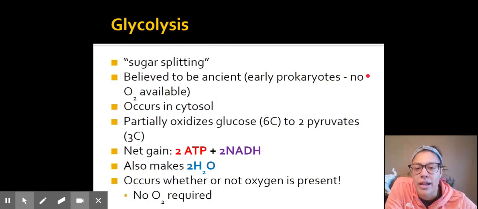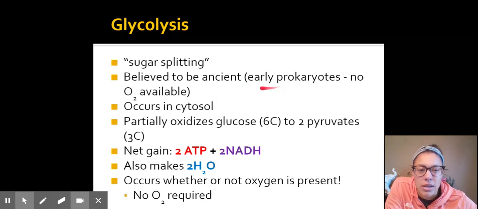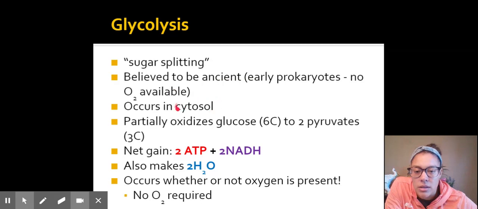All right, glycolysis. Like I said, we're taking our glucose or taking our sugar and we're going to break it down. So it literally means sugar splitting. Like I talked about, it's connected with our early prokaryotic cells, and it is ancient because it happens in the cytosol and doesn't require those additional components of oxygen at that time.